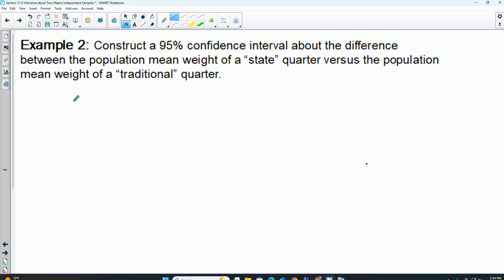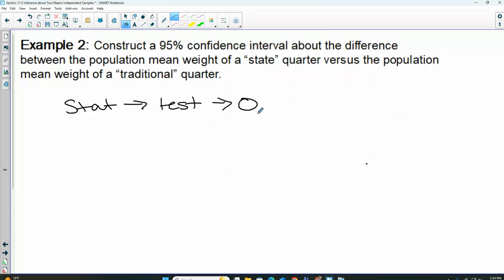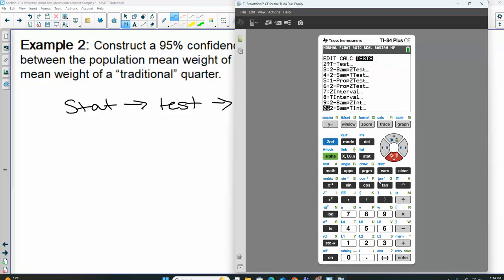So you are going to go to stat, test, and I think it might be 0, 2 sample T interval. Normally we just do a T interval, but because I have 2, we're doing a 2 sample T interval. Again, we have all of our stuff entered in data, so we just need to change our confidence level. We needed 95%.